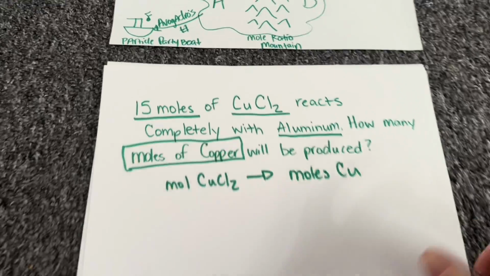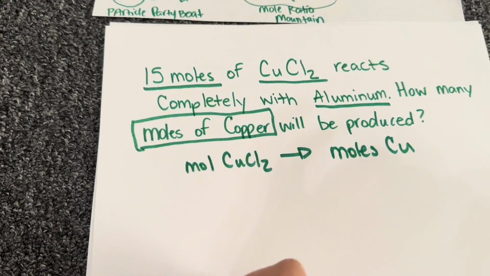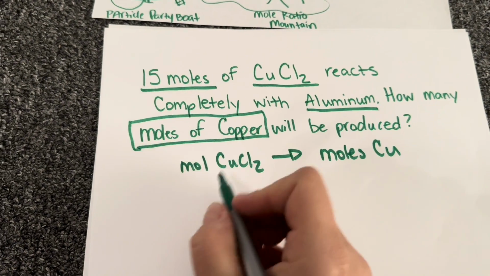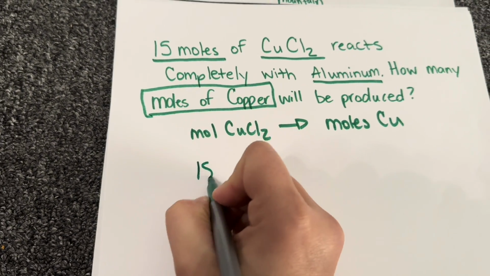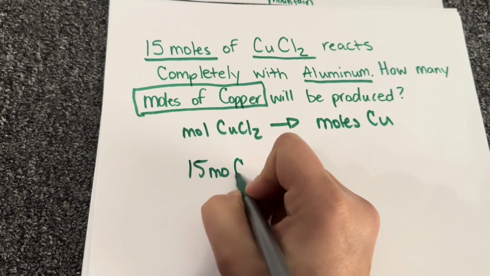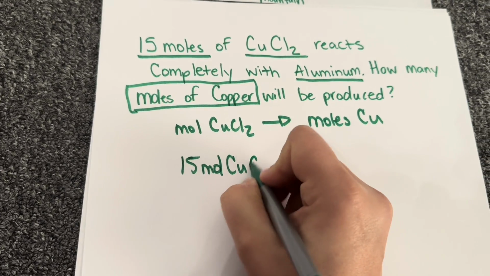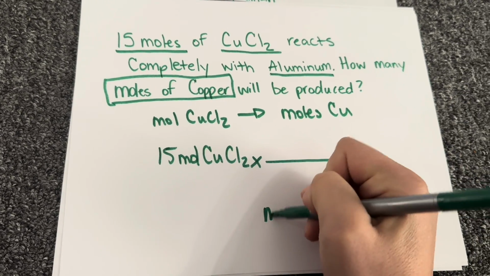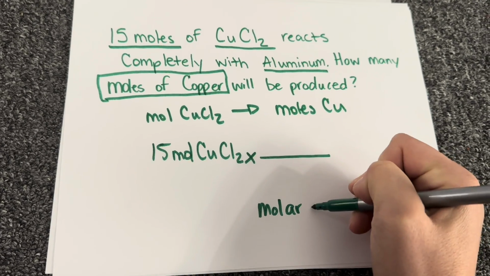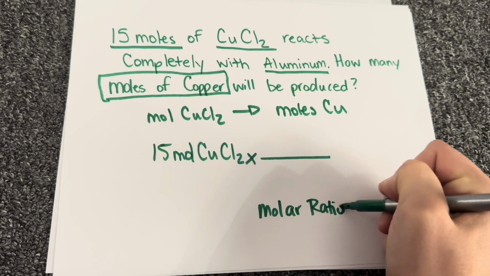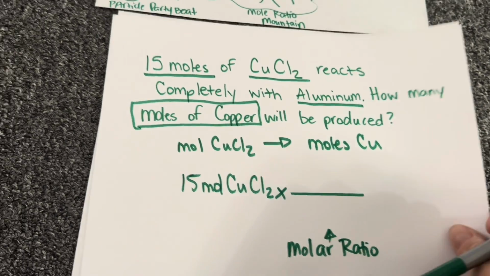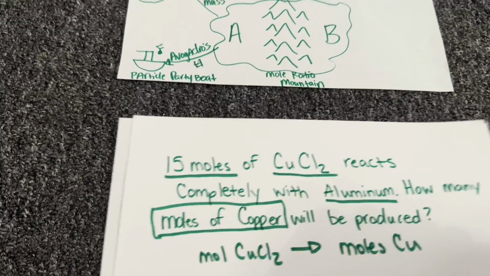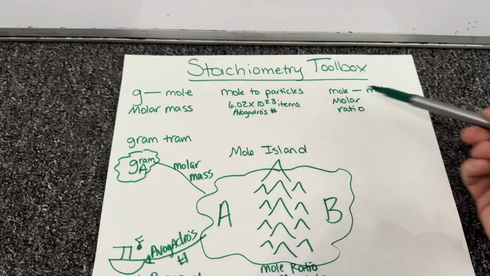We always want to start with what we're given. So in our problem down here, we're given 15 moles of copper chloride. That's going to be my starting point. And I've got to figure out my molar ratio. It's my tool from my toolkit that allows me to go from moles of one thing to moles of another.